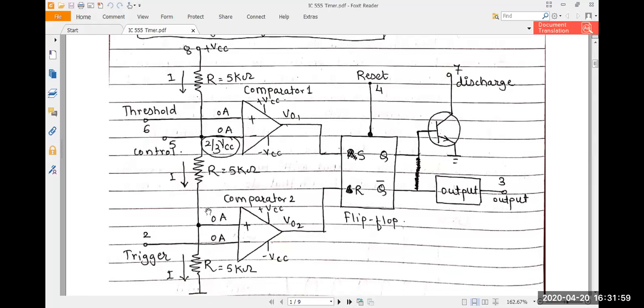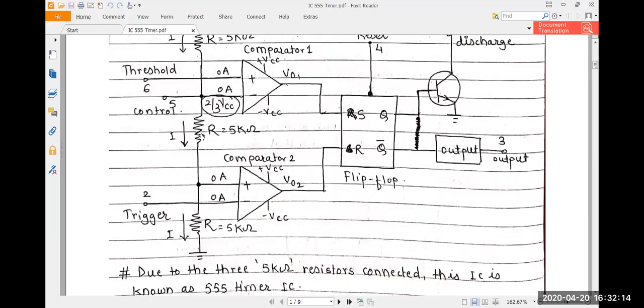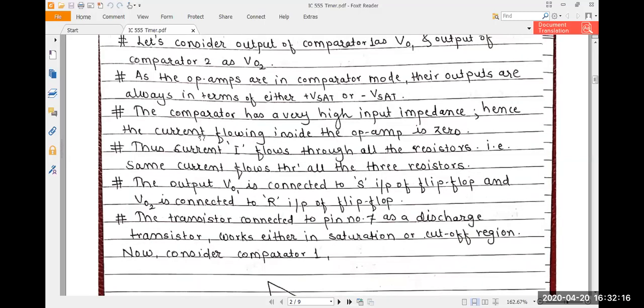So R plus R divided by the total resistance, which is R plus R plus R, into VCC will be the voltage at this particular point, which is applied to the inverting terminal of comparator 1.